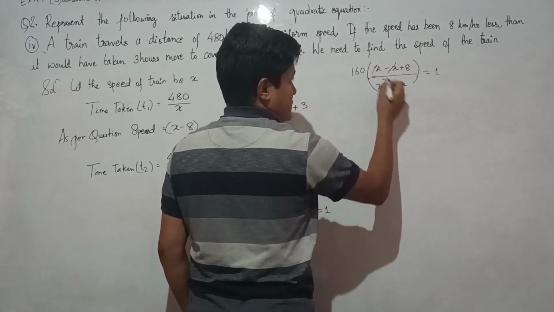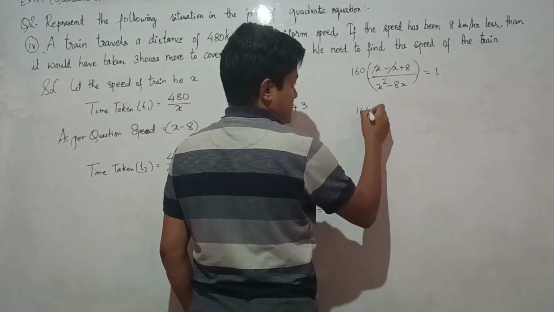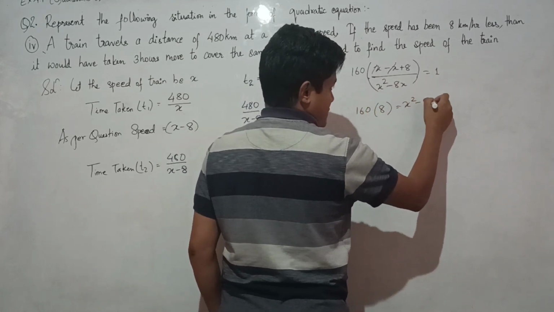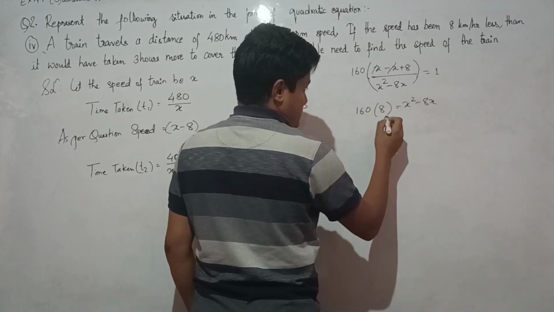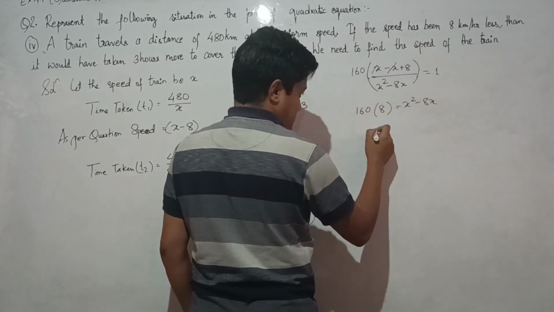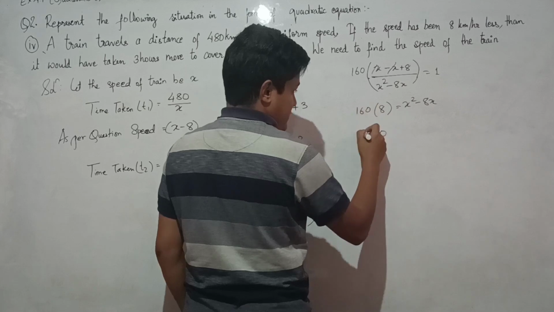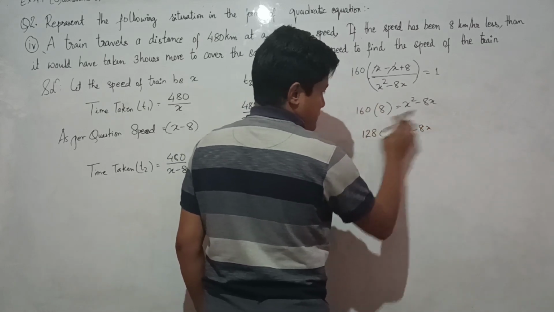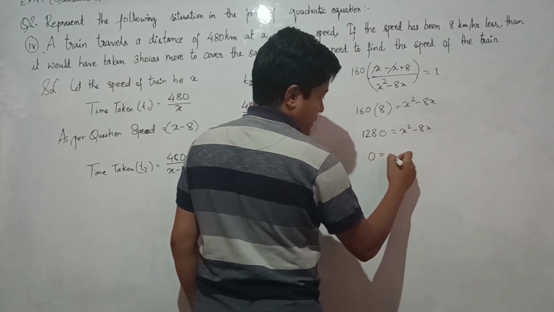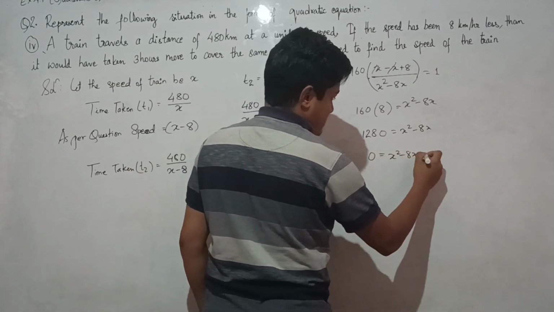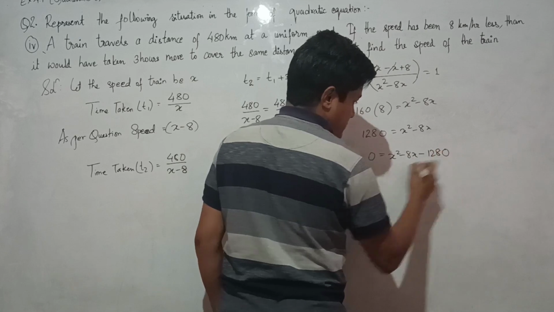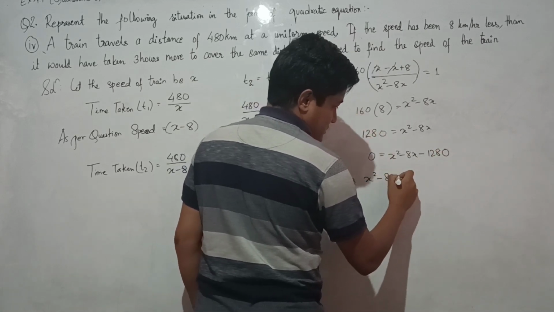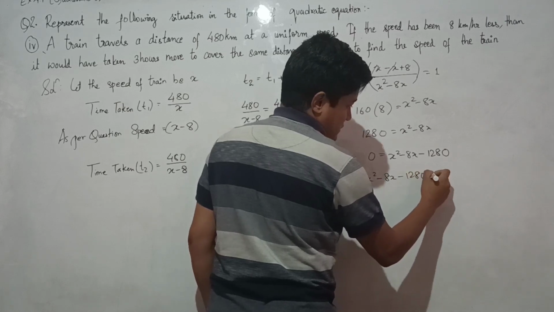So you cancel, 160 into 8 multiplied by 1 gives 1280, equals x square minus 8x. Send it to the other side: x square minus 8x minus 1280 equals 0.